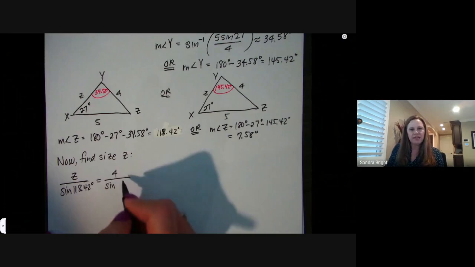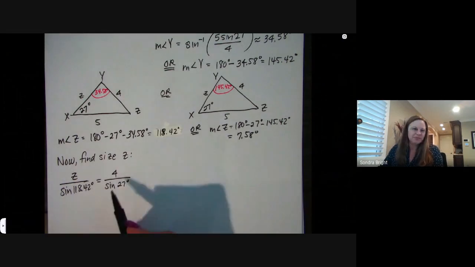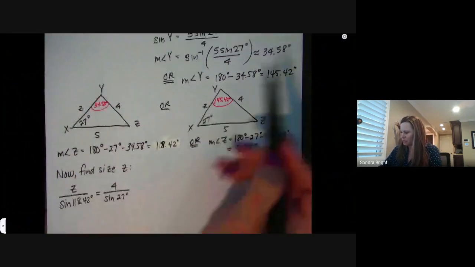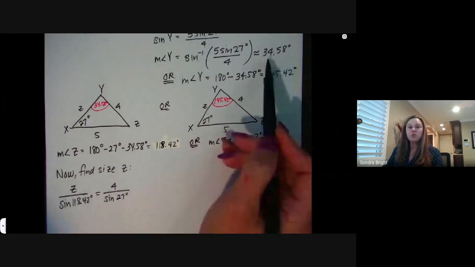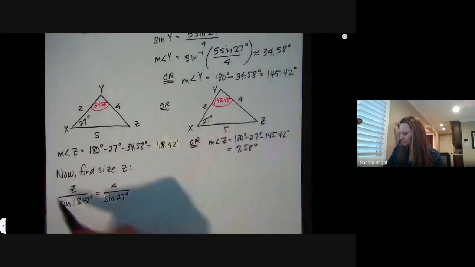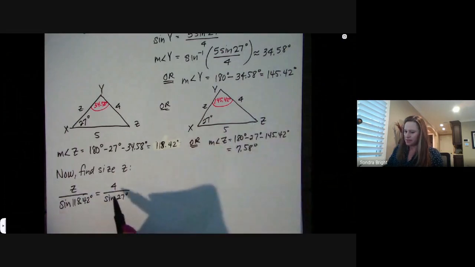Use the information they gave you, because when we solved for angle Y, we approximated here. So you could be off if you use your approximated angles. Whenever you can, you should use the exact values they gave you.